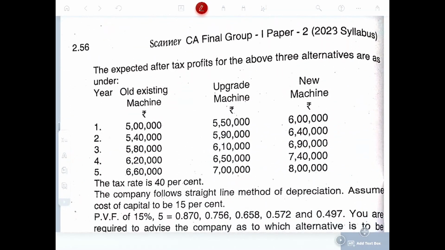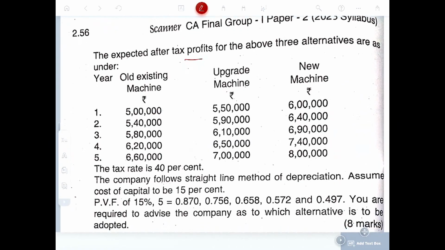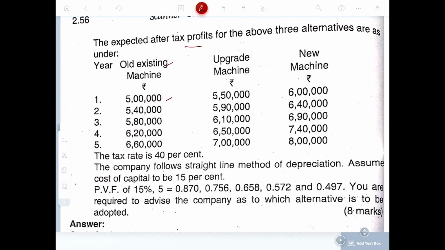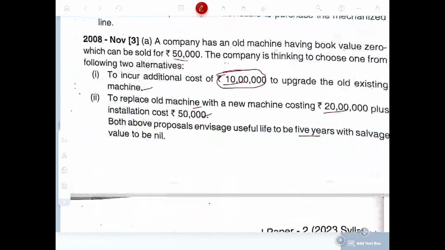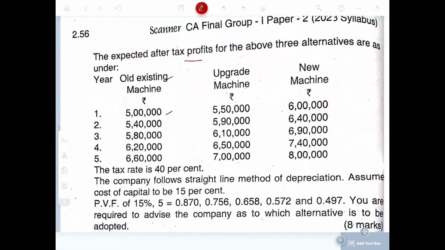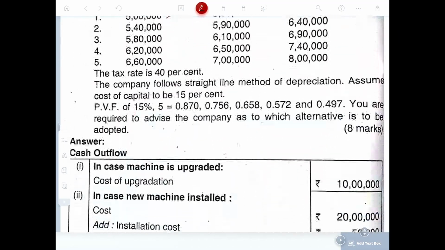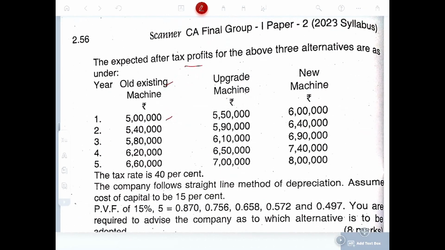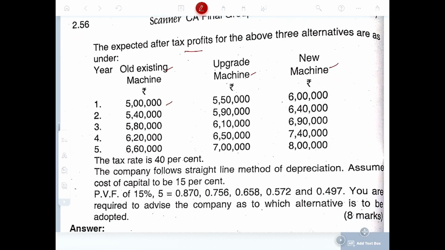Expected profit before tax on old existing machine 5 lakhs. So old existing machine, upgraded machine, new machine. Existing machine 5 lakhs plus 50,000.